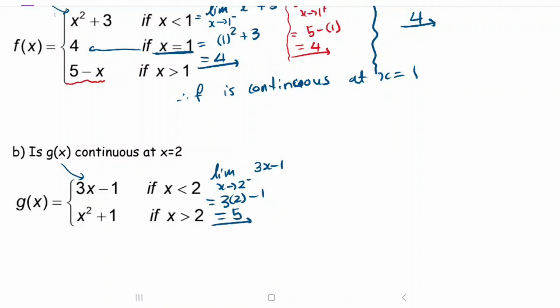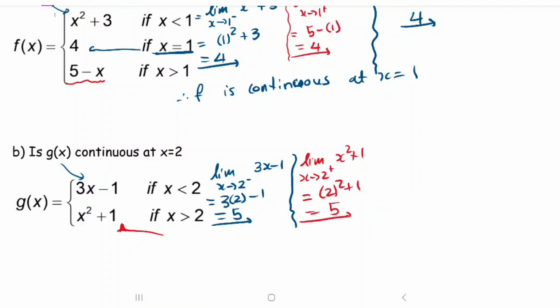Let's see if we're able to do the next one. We again take the limit as x tends to 2 from the right. When we approach 2 from the right, we will bump into that particular function. We substitute 2 wherever we find x, and we see that it is 5. So the limit from the left and the limit from the right exist, and they both give you 5.